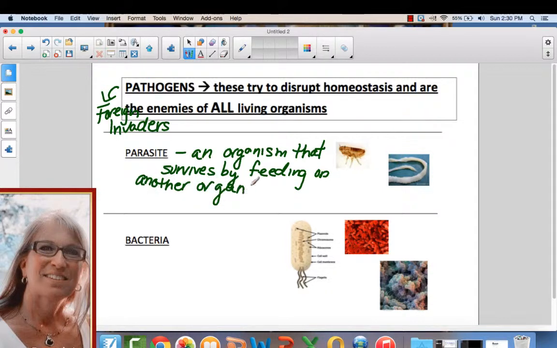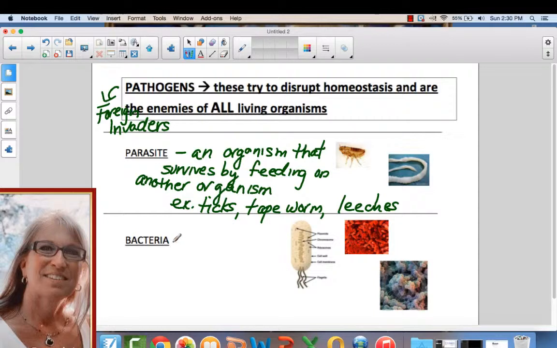And some examples of these that you're very familiar with are ticks. You can get a tick on you. Your pet can get a tick. Tapeworms. Parasite that can get into your body. Leeches. Suck your blood. Okay, so that's a parasite, an organism that survives by feeding on another organism.